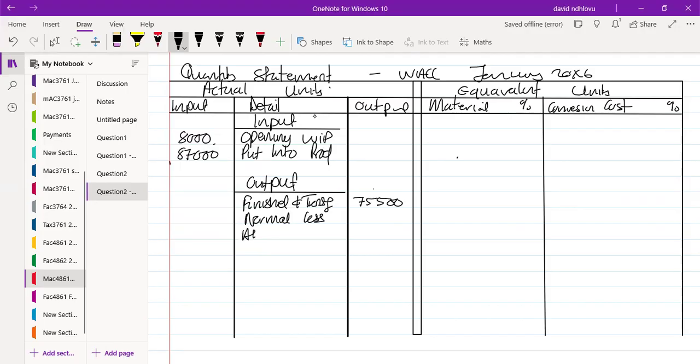We also recognize abnormal loss. When we say normal losses, these are losses that are expected in production. These are losses that management budgets for. These are losses that management cannot improve by being more efficient.